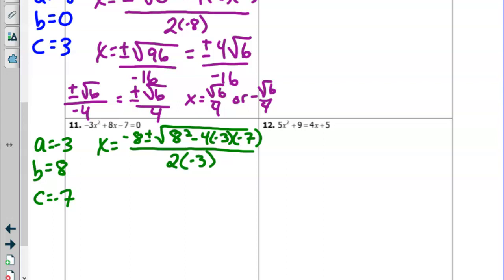Divided by 2 times -3. And on your own, go ahead and figure out what is going to be in the radical. That's a better way to say it. In the radical. So do I have to put a squared in parentheses? No, because it's positive, it'll come out correctly.